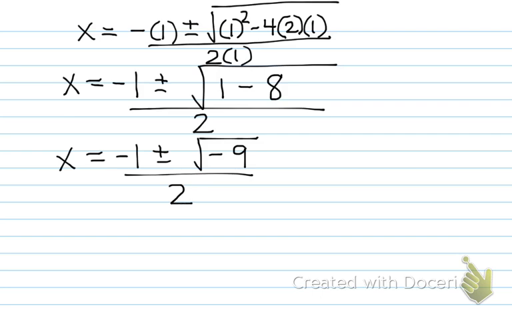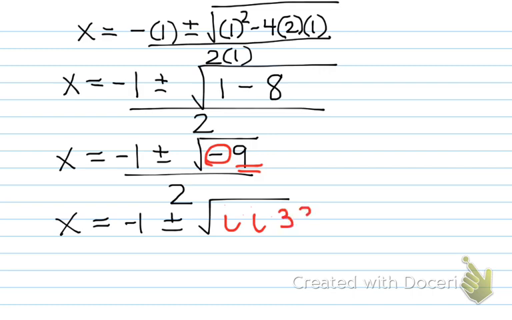Then we look for pairs of numbers. Keep in mind that the square root of negative 9 can be broken down using i times i, which is the negative 1, and 9 is 3 times 3.